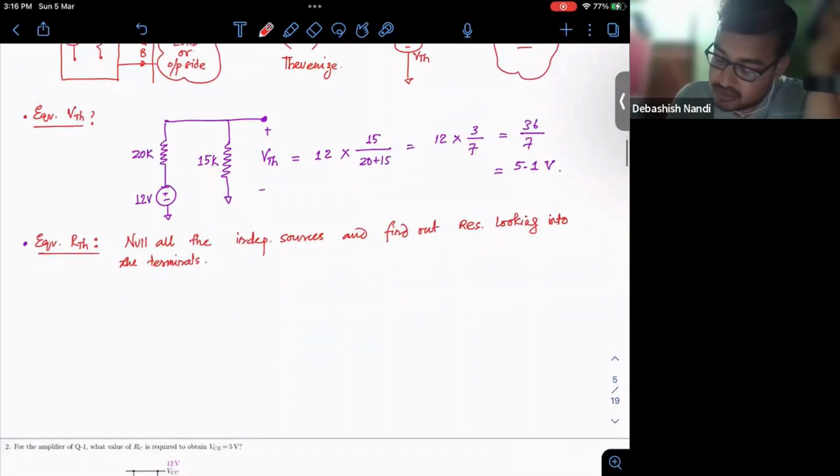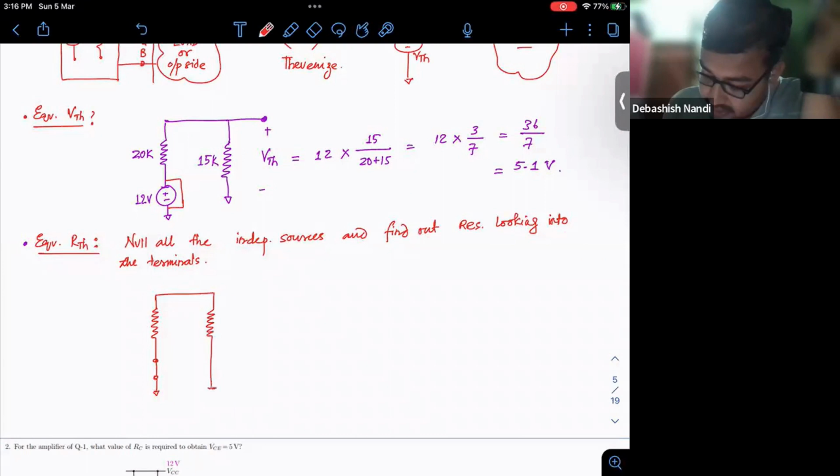So the way to do it is you null this source, right? That means your equivalent circuit becomes, this is your short circuit, and there you have another resistance, and this is your terminal.